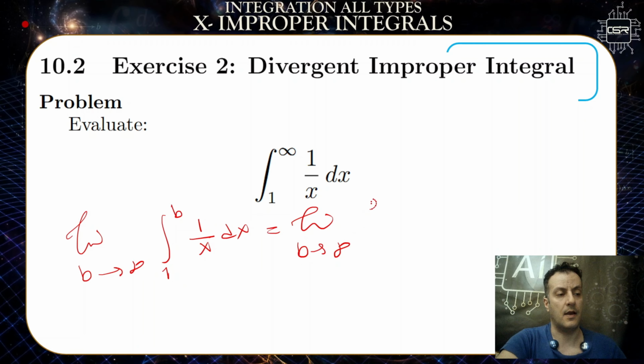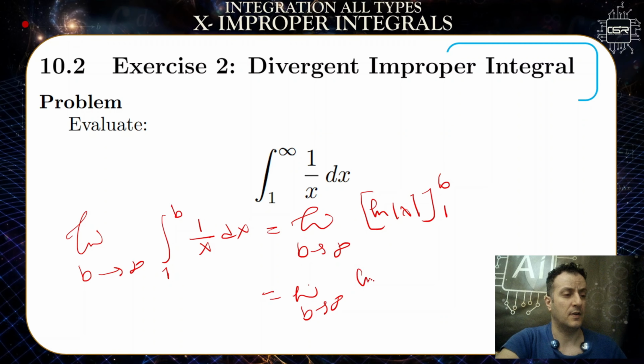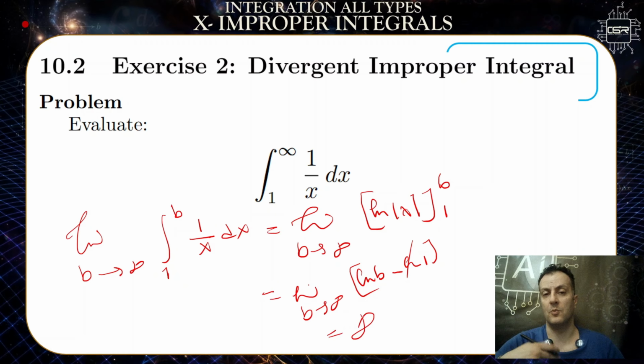This is ln x between b and 1. So the limit as b approaches infinity of ln b minus ln 1. ln 1 is 0. ln infinity is infinity. So this integral blows up to infinity.